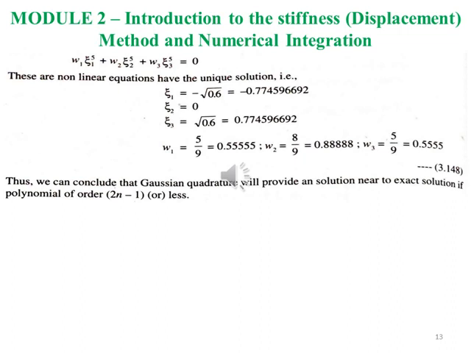Thus we can conclude that Gaussian quadrature will provide a solution that is exact if the polynomial is of order 2n minus 1 or less.